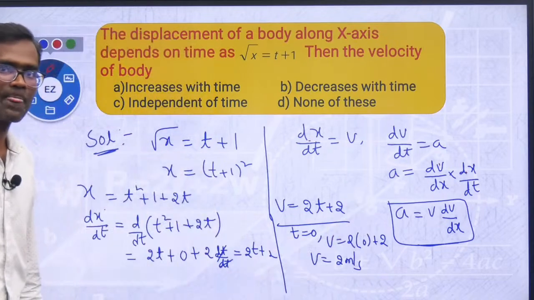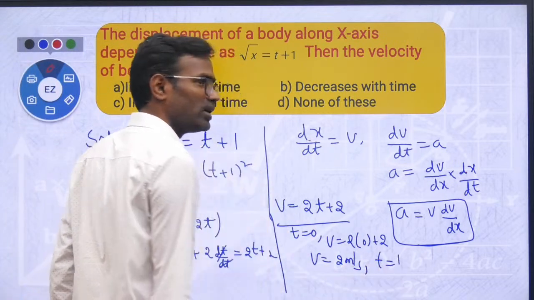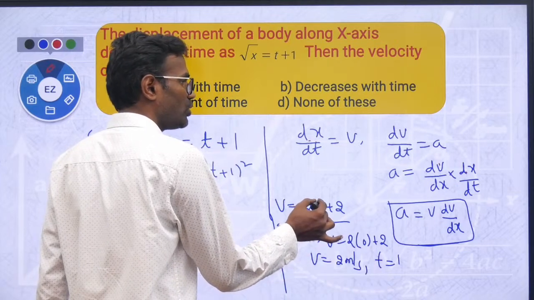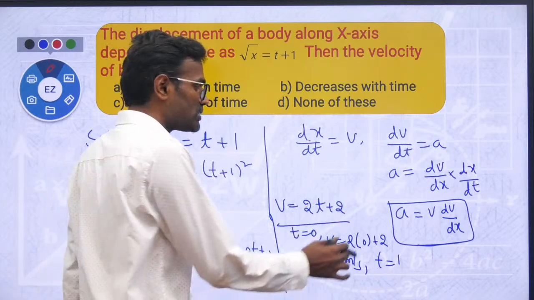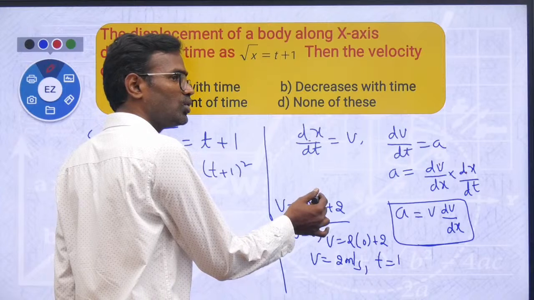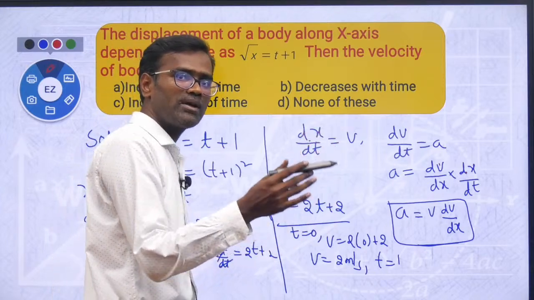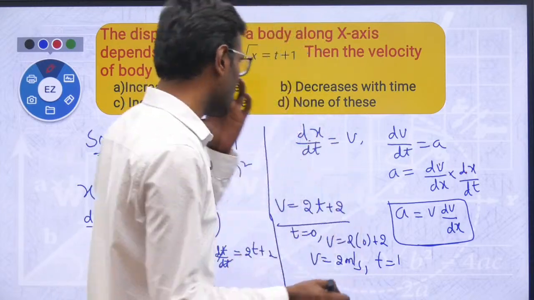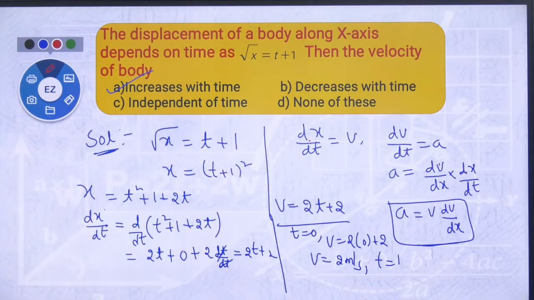This is the starting speed. Now as time passes, put t equal to 1: 2 into 1 plus 2 is 4. Substitute t as 2: 2 into 2 is 4, plus 2 is 6. So as time increases, the velocity of the particle also increases. So what is the answer? Increases with time. Please note this down, children.